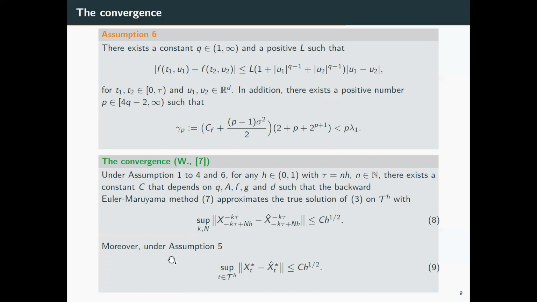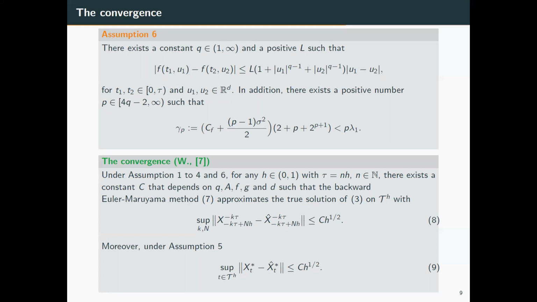In addition, if we assume assumption 5, we can show the random periodic path from the backward Euler-Maruyama scheme converges to the random periodic path of the target SDE with order half.